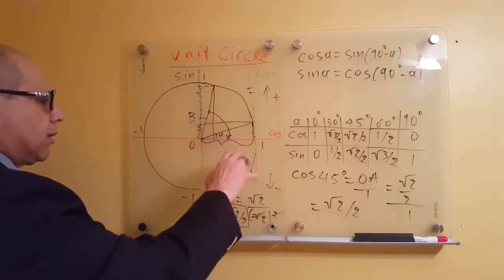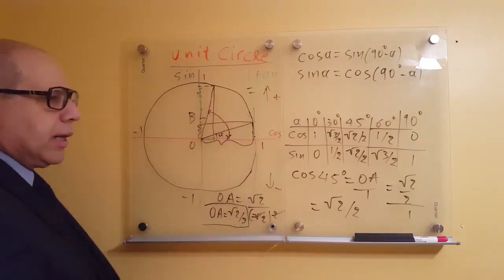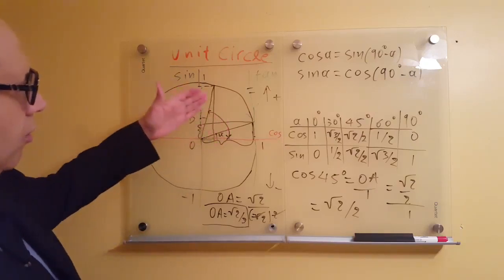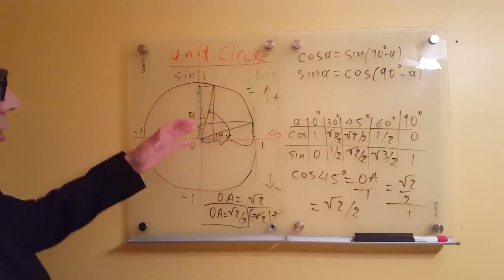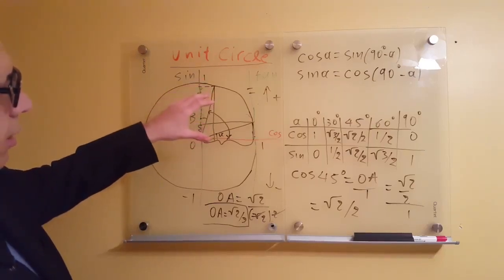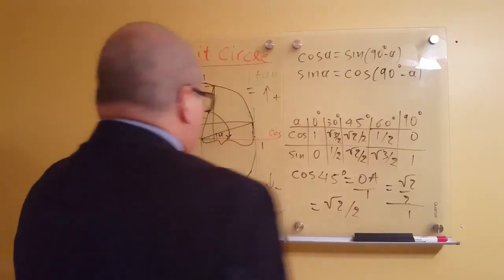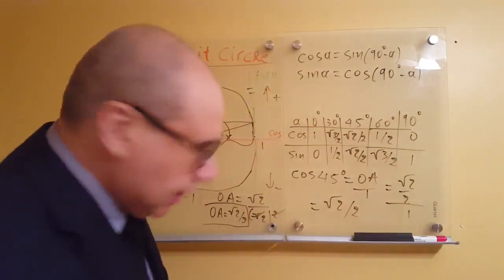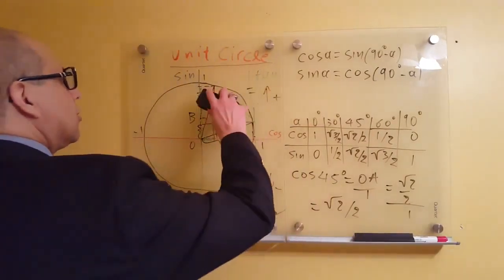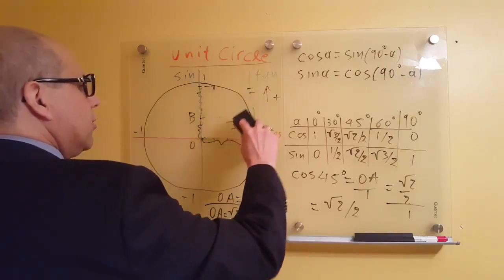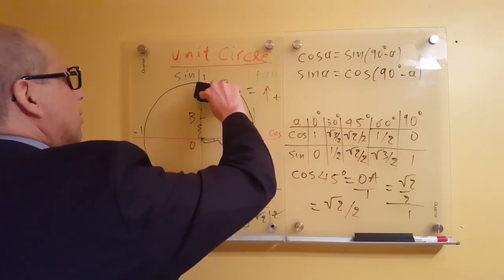So you can always refer the cos and sine of any angle to the two angles in the first quadrant. Let me erase this and show you one last thing, and that will be it for this lesson.